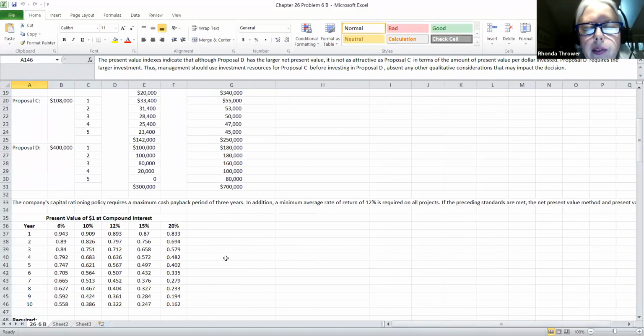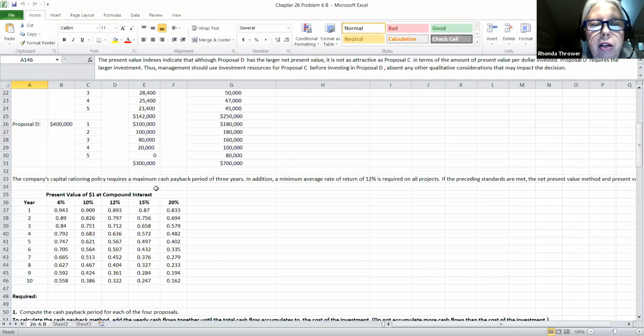We're going to start with some ways to rank these proposals without using net present value analysis. Management wants the cash payback period to be a minimum of 3 years, and an average rate of return of 12%.